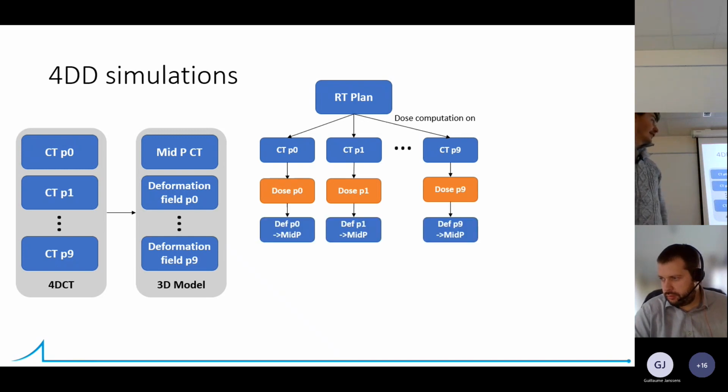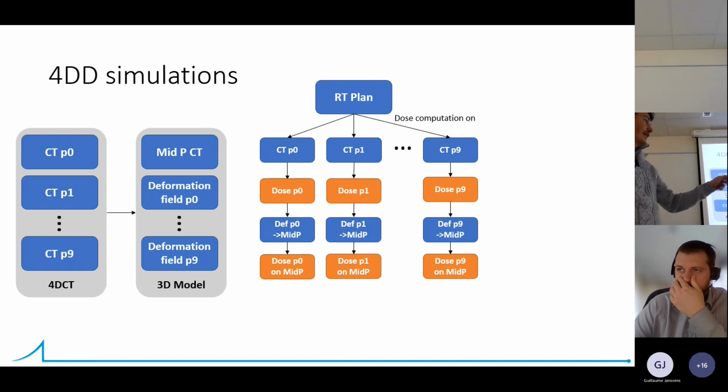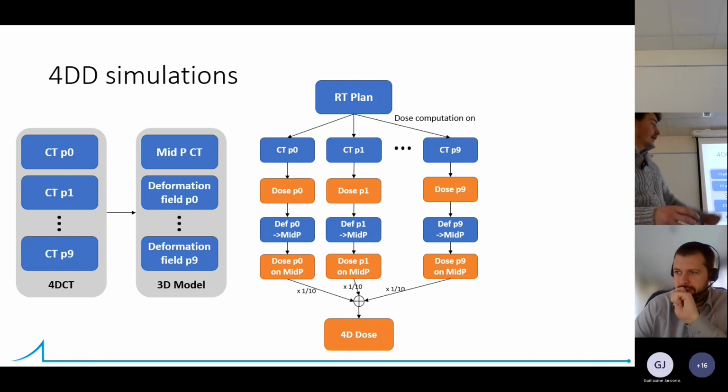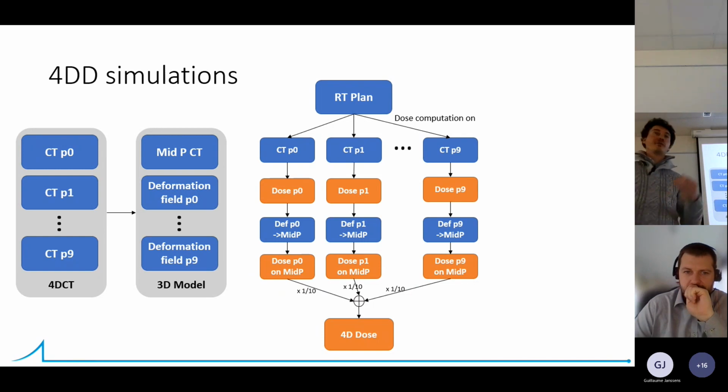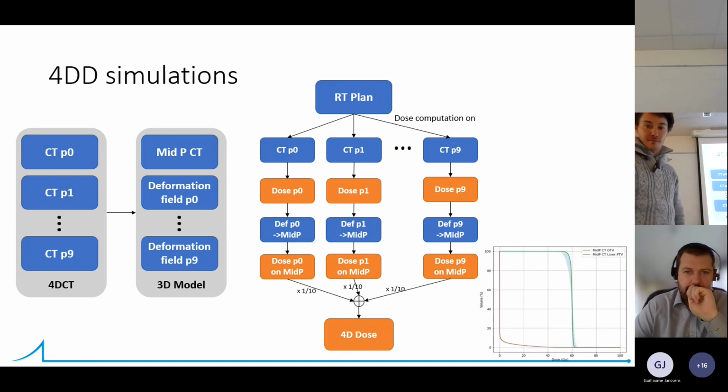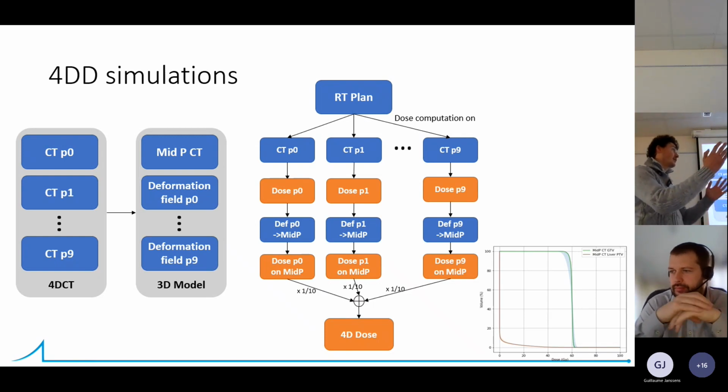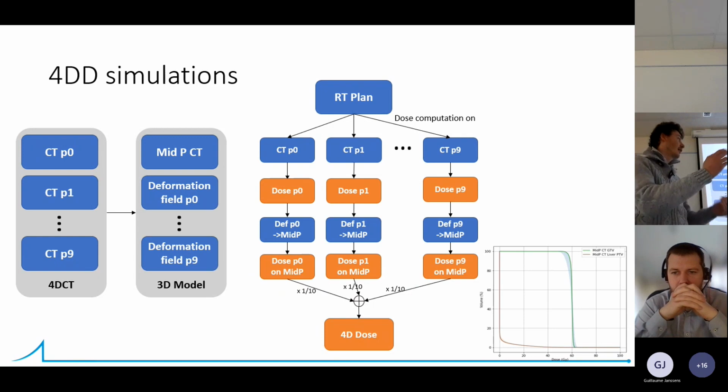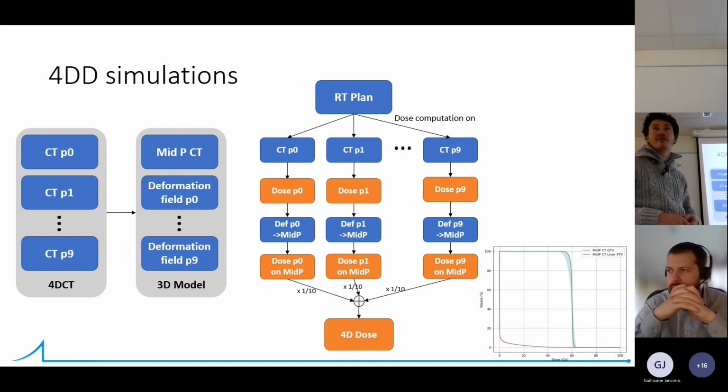Then you deform those doses to the mid-position CT, and finally add or average them to a final dose, which represents the impact of the proton range variation. You can also obtain a DVH where you have 10 doses, so you have an idea of the uncertainty in your DVH.